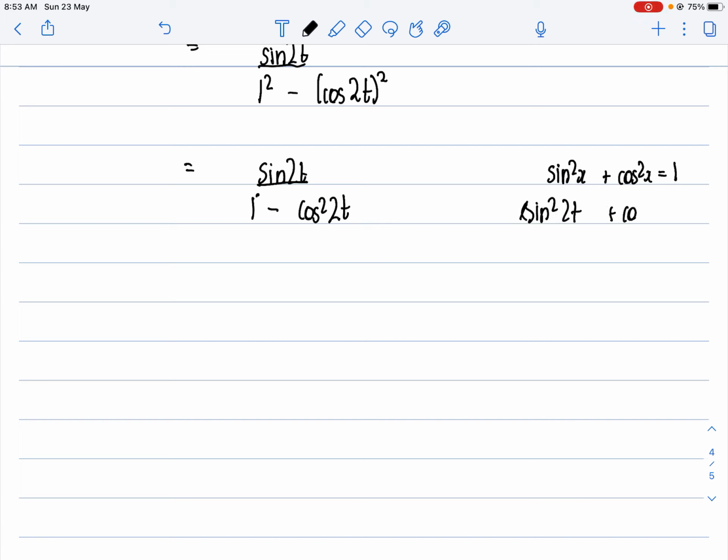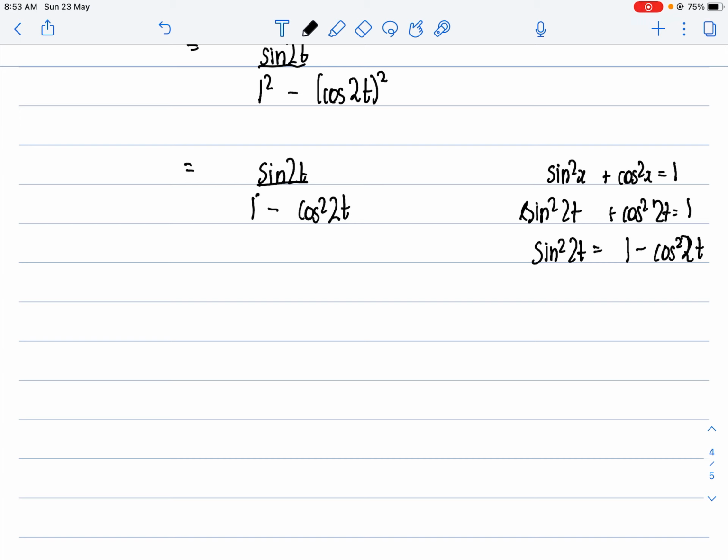So sine square 2t can be written as 1 minus cos square 2t.